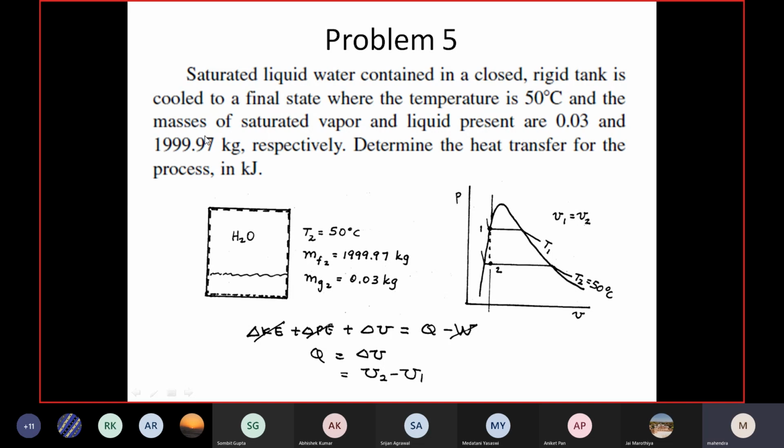And here the problem itself says this is a rigid container, so work is also zero. Then whatever the heat transfer is, it is the loss or gain of internal energy. That's why Q equals delta U, U2 minus U1.